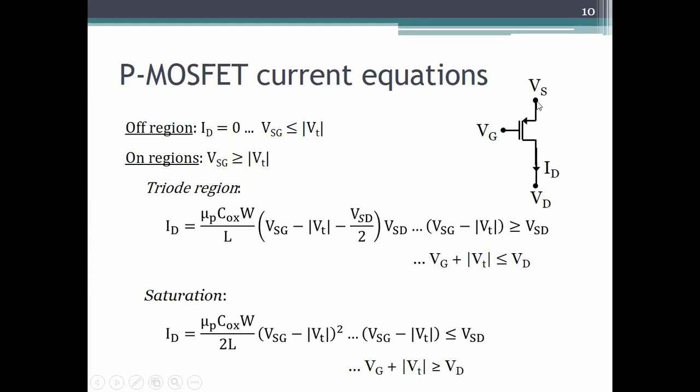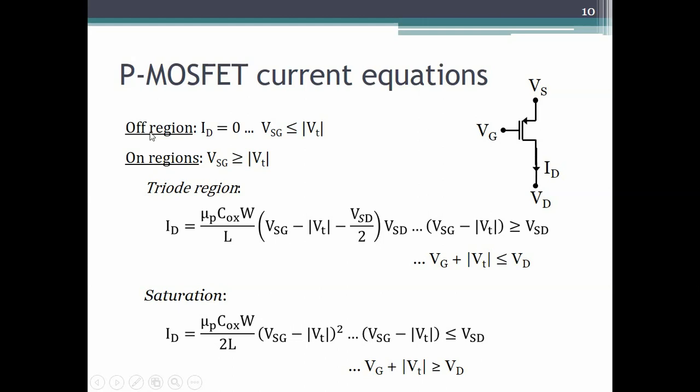So usually, not always, but most of the time, a PMOS will be shown with the source above and drain below, because in a PMOS the current flows from the source to the drain. In an NMOS, current flows from drain to source, because electrons flow from source to drain.